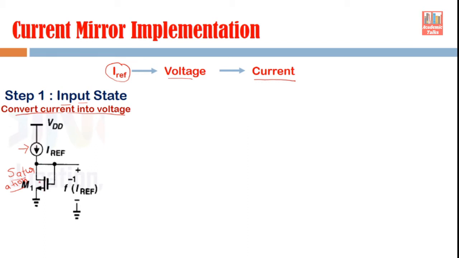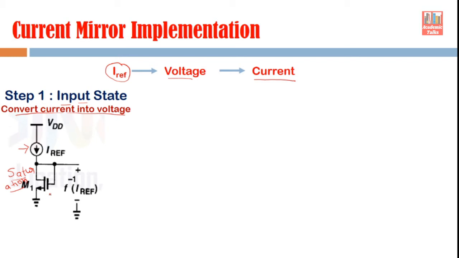Now why did we make this kind of connection? In the case of a MOSFET, drain current depends on the gate voltage, right? So you can say the drain current is a function of the gate voltage, but there is an inverse relationship also, right? Whatever drain current is flowing into the device, corresponding to that current there is a gate voltage, and that we can find out easily with the help of the equation of current in the saturation region.